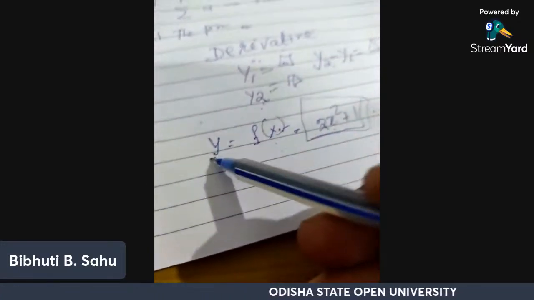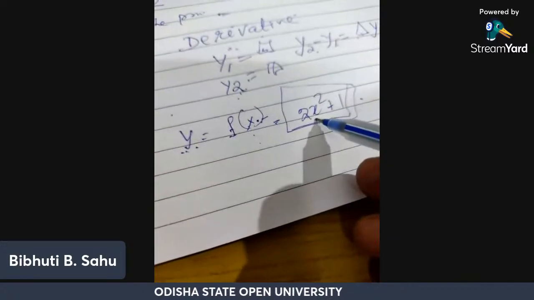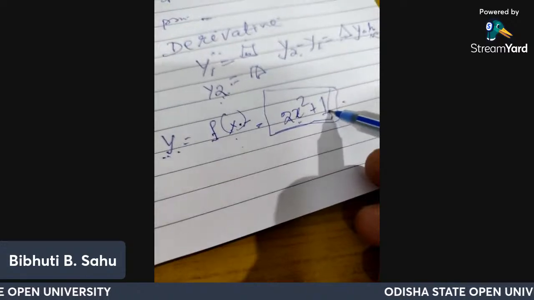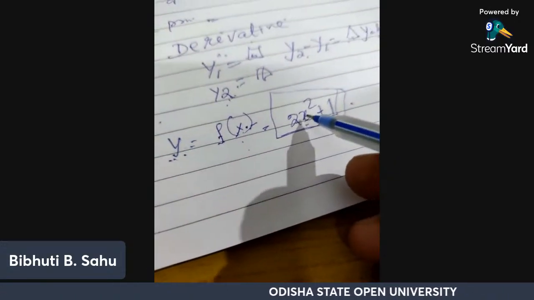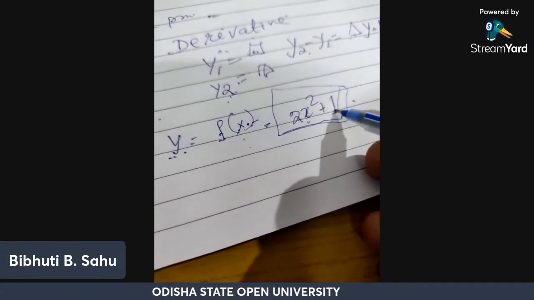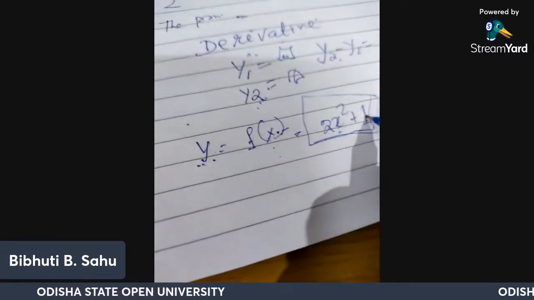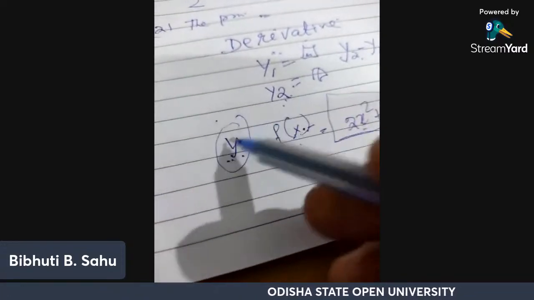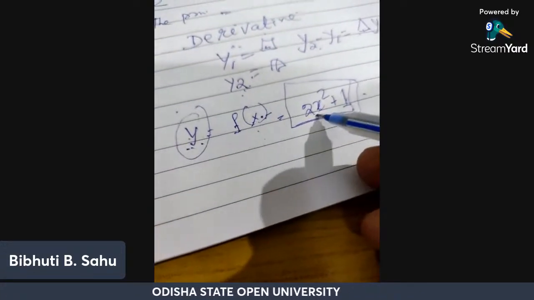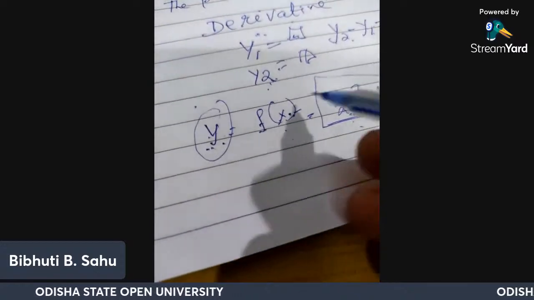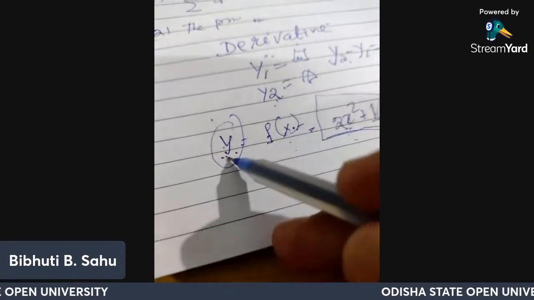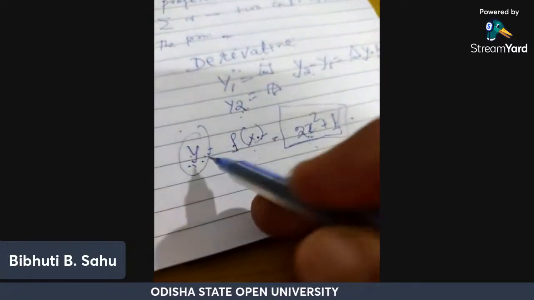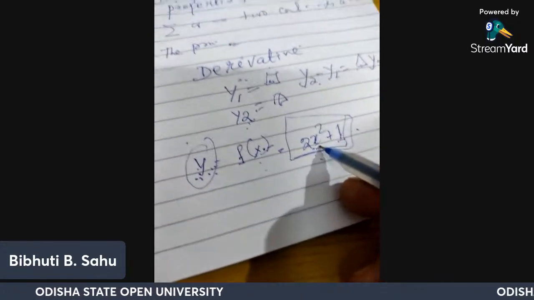Here y is related to the variable x, and this functional relationship is 2x squared plus 1. The 1 is a constant. Whatever magnitude x takes, this constant will not change. And we want to find the change in y by changing x by a certain quantity. Then how can we represent it? y is the dependent variable and it depends on x.